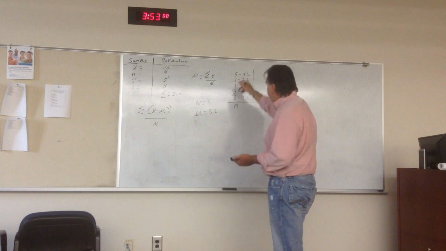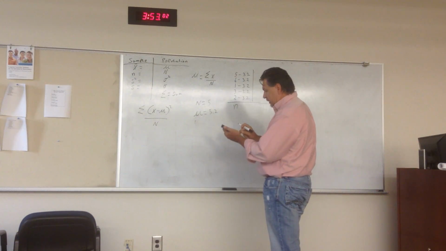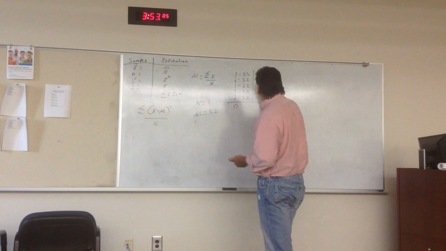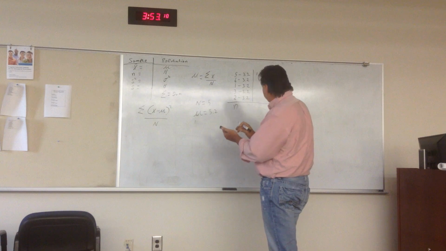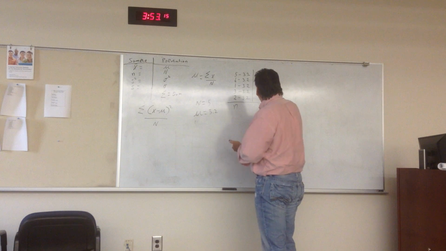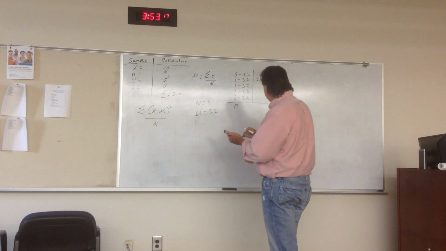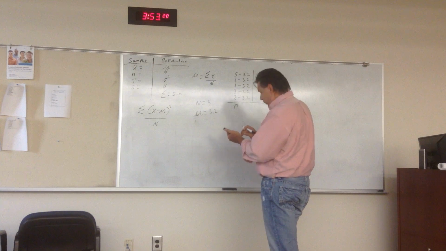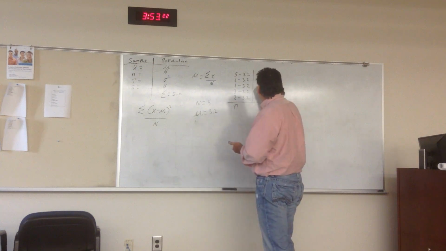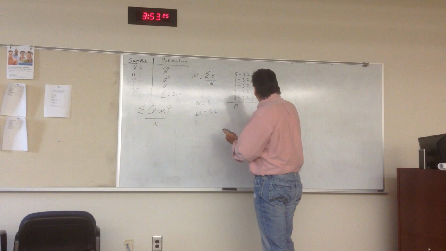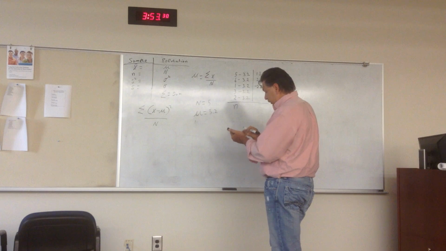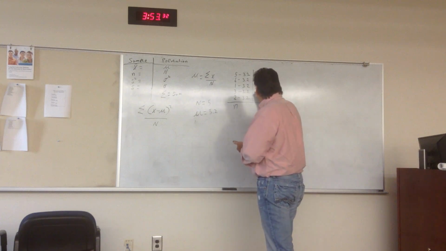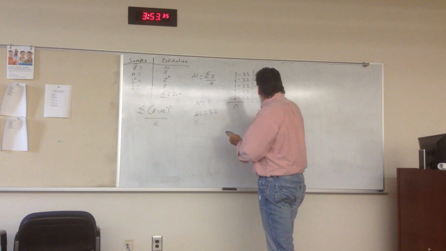All right, so 5 minus 3.2 is equal to 1.8. 6 minus 3.2 is equal to 2.8. 1 minus 3.2 is equal to a negative 2.2. 3 minus 3.2 is actually a negative 0.2.